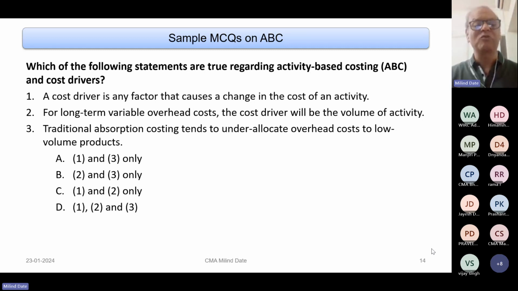It doesn't talk about absorption, but you have to relate it to absorption costing. That means you have to relate that traditional costing would result in under allocation for low volume products as compared to activity based costing. And naturally, that also is a correct statement. So here, the correct choice would be option D.